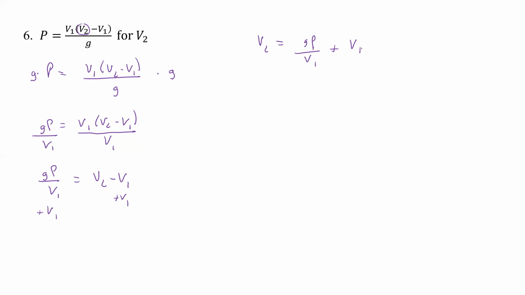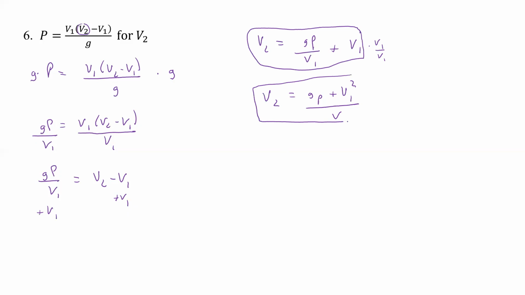If we had to get a common denominator, that's going to be V1, so we multiply by V1 over V1, and that would be GP plus V1 squared all over V1. That's what it would be if we had to actually get a common denominator, but I don't think we have to. So this would probably be as far as we need to go on this one, although this one technically is correct as well. All right, let's pause there and we'll come back for more.